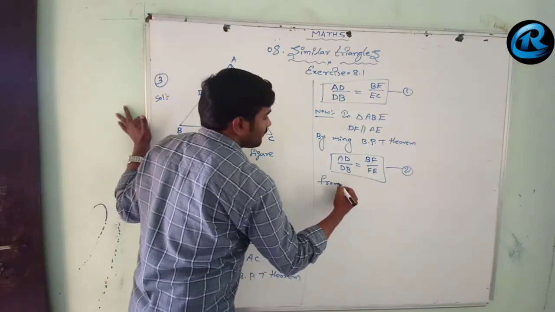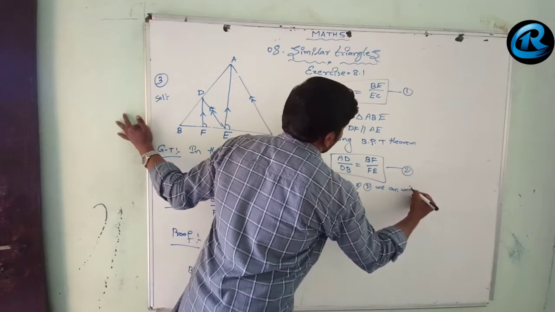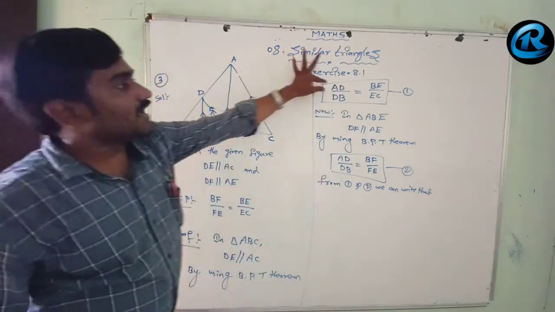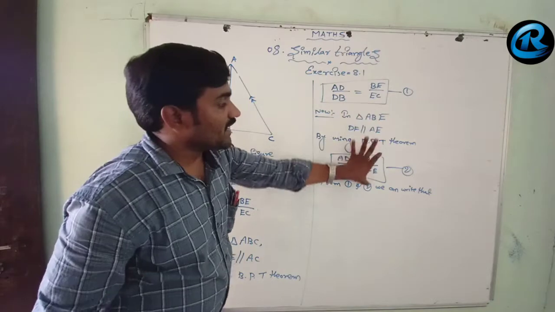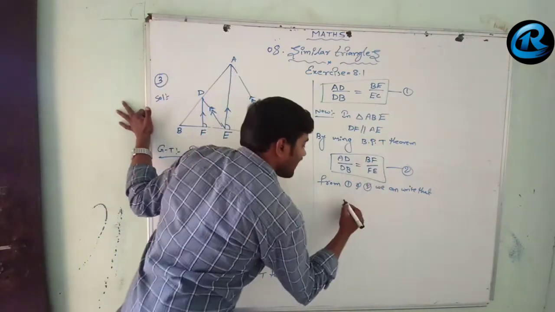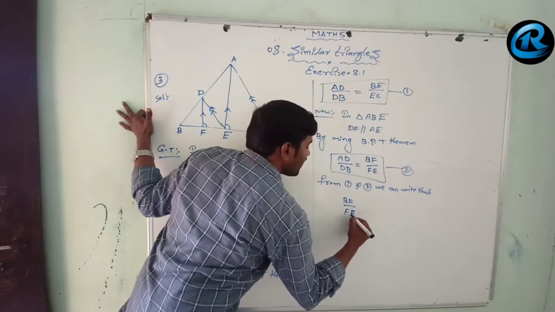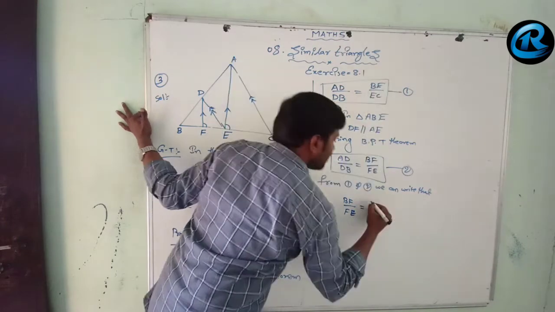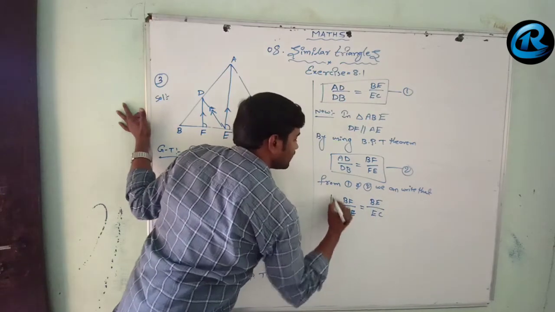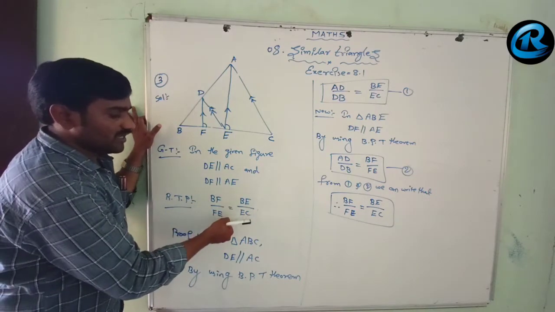From equation number 1 and 2, what can we write? Both LHS are equal, AD by DB, AD by DB. So let us make the RHS equal to satisfy this. So we can write BF by FE is equal to BE by EC. LHS equal అనే కనుక RHS ను కూడా ఈక్వల్స్ గా రాయండి. So we have proved what we needed, BF by FE equal to BE by EC.